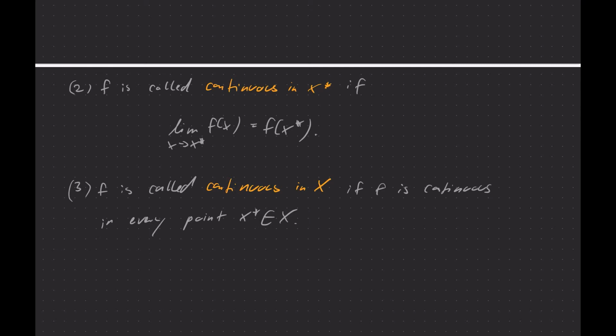Similar to one-dimensional theory, we again have a couple of properties for continuous functions. Specifically, we can most often argue that continuous functions are just composed of a bunch of simpler functions, and we know that these simpler functions are continuous, so the composition will also be continuous.